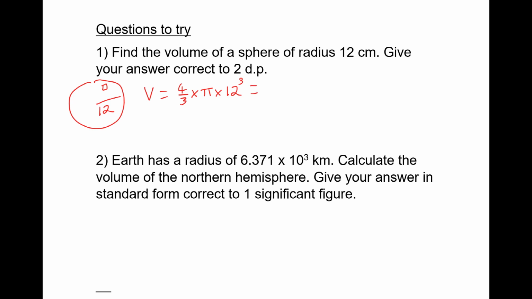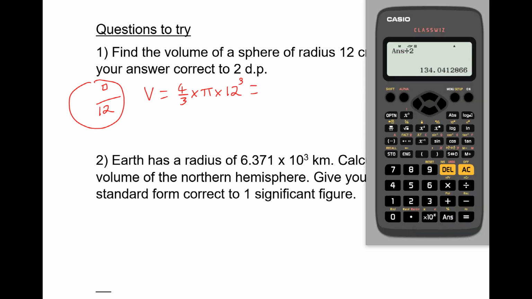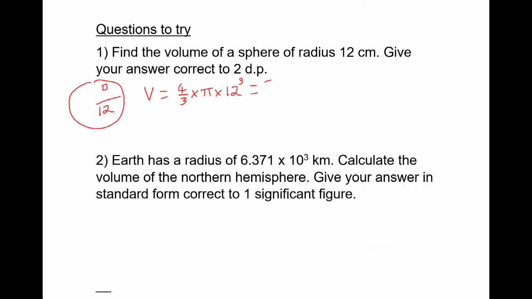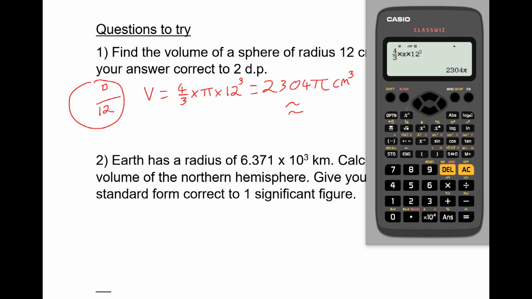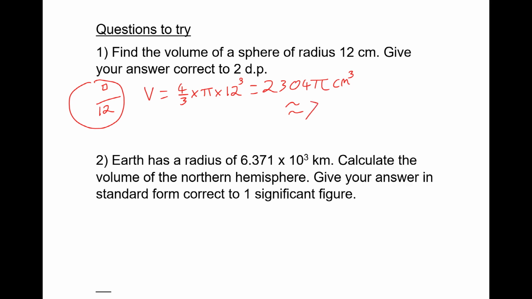If I put that into my calculator, 4/3 times pi times 12 cubed, that gives you 2,304 pi centimeters cubed, which to 2 decimal places is 7,238.23.